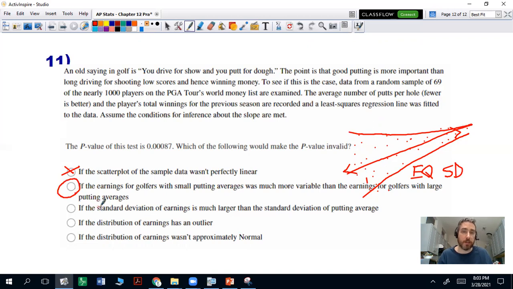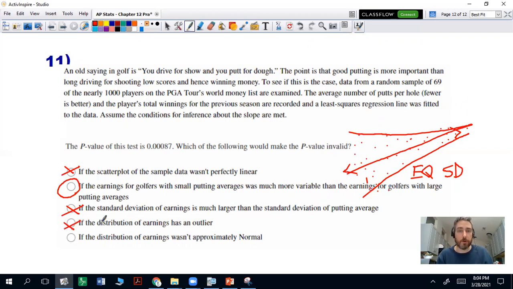Look at the other ones. If the standard deviation of earnings is much larger than the standard deviation of the putting average, so if the Y value standard deviations are bigger than the X values, that's not a big deal as long as they're consistent throughout. So that's not going to work. If the distribution of earnings has an outlier, you can have an outlier in your earnings.